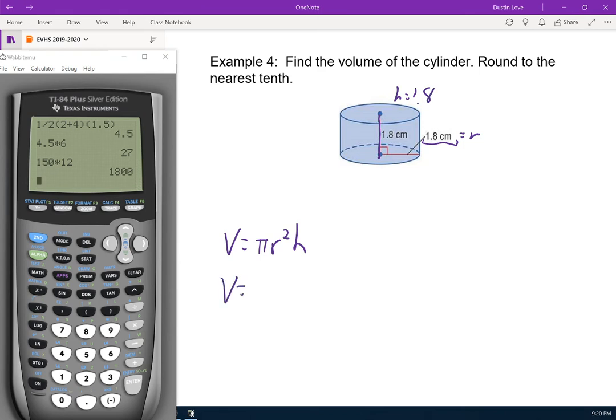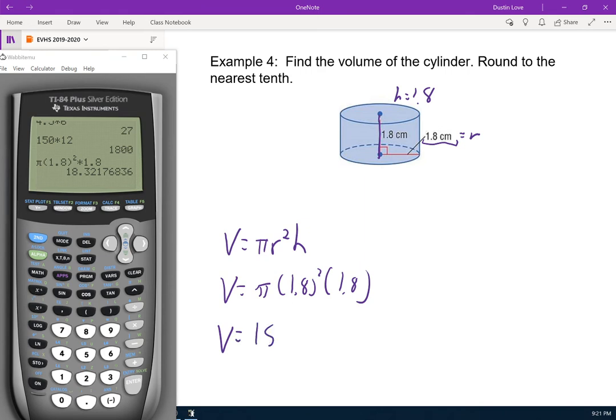So we're just going to plug those in. Pi times 1.8 squared times 1.8. And volume equals 18. It says nearest tenth in the problem, so 18.3 centimeters cubed.